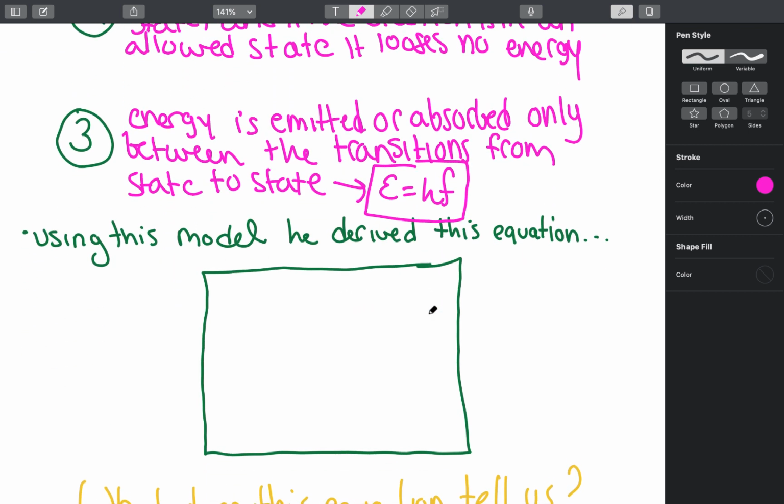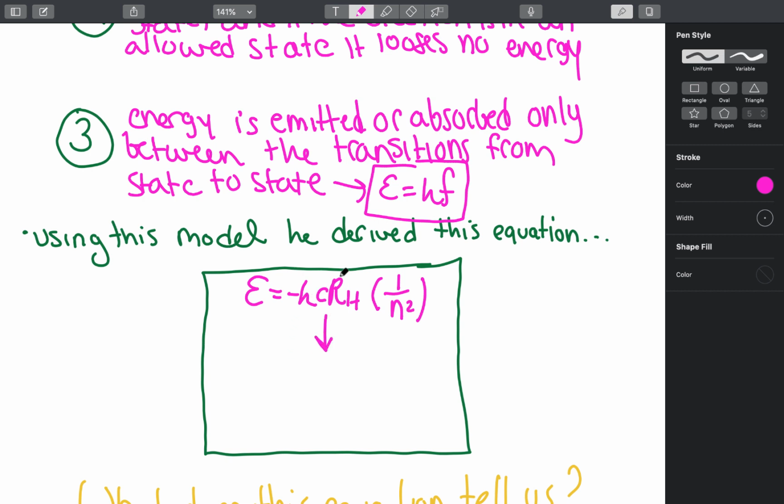And this equation allows us to predict the energy associated with a certain energy level inside the atom. And this equation is E equals negative hc RH times 1 over n squared. Now, h is the Planck's constant, c is the speed of light, and RH is the Rydberg constant.